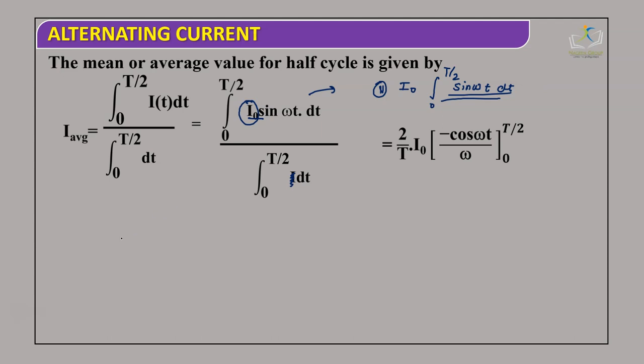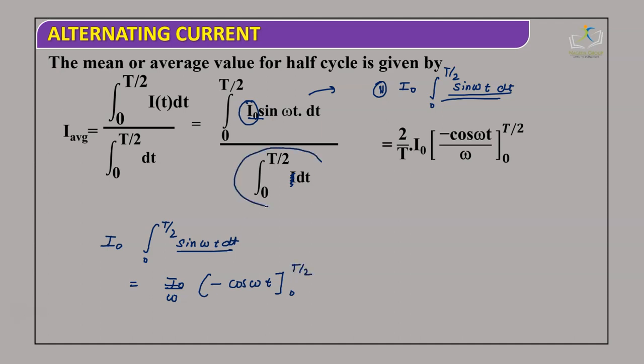So taking the numerator part, I naught times the integral from 0 to T by 2 of sine omega t dt becomes 1 by omega times I naught times minus cos omega t, from 0 to T by 2.